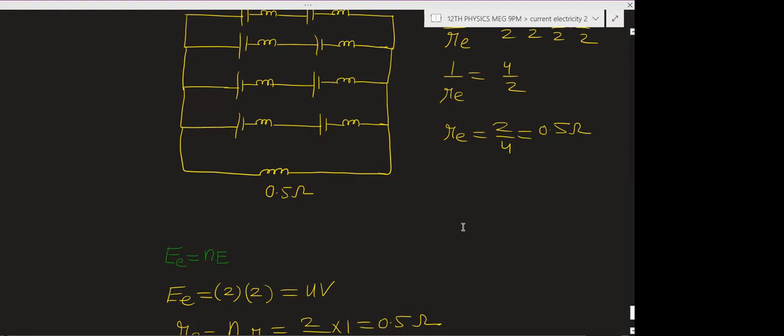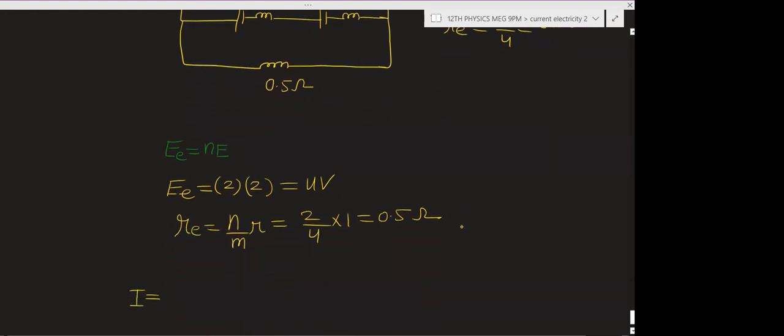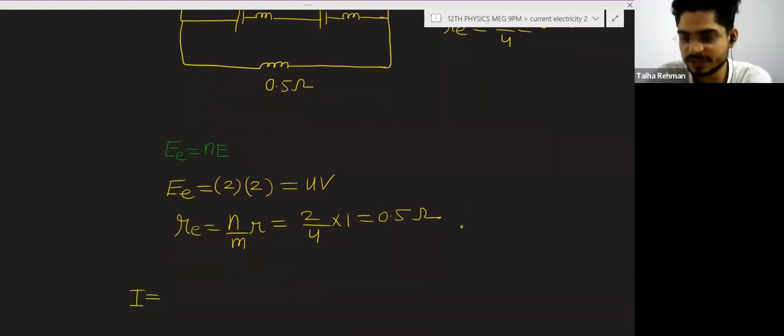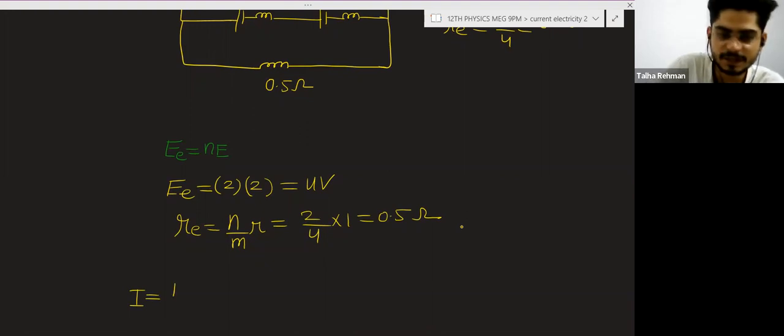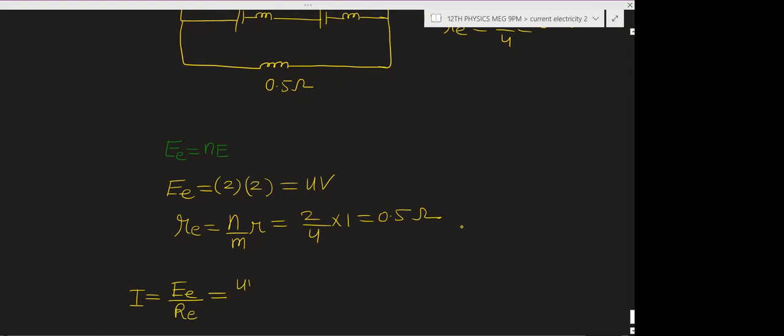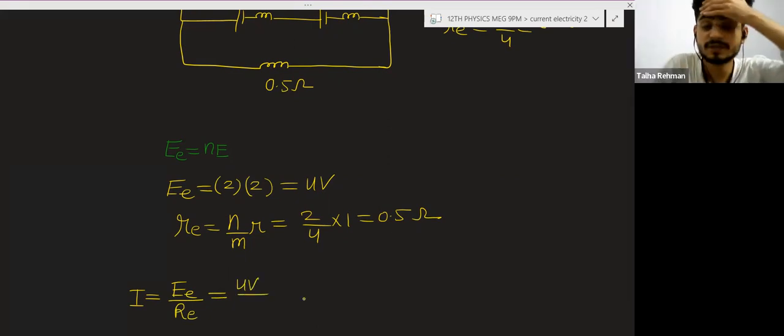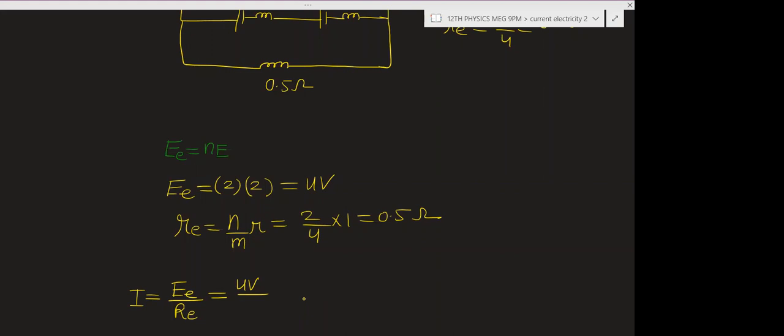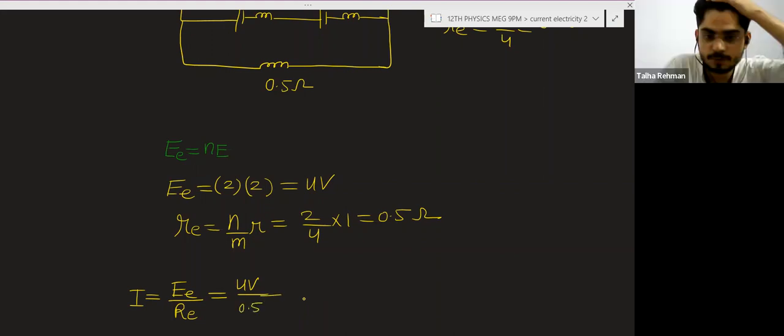You will substitute in the formula, or just remember one thing: current is always equivalent EMF divided by the equivalent resistance, and equivalent EMF is 4 volt. And what is the equivalent resistance? 0.5 plus 0.5.